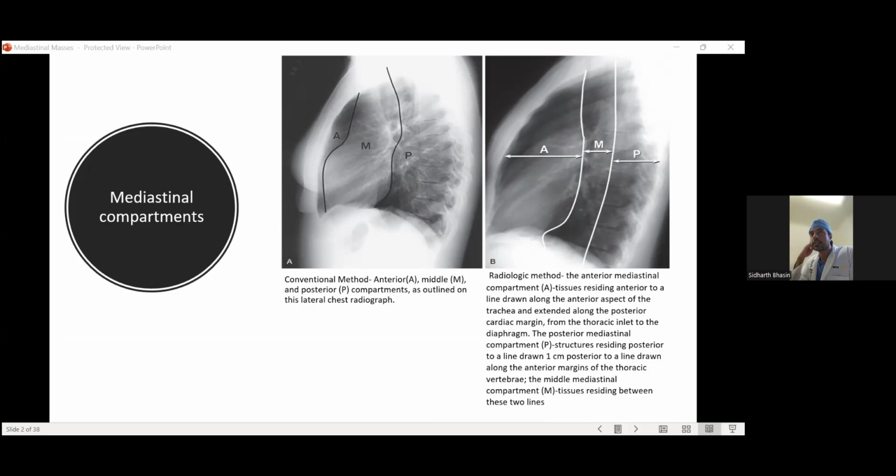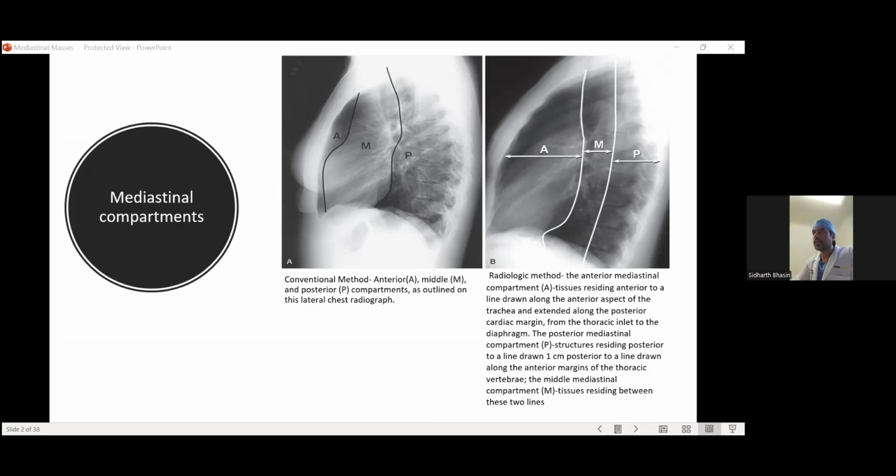Everything in the middle is the middle compartment. Most of our diseases which are classified as anterior, middle, and posterior are based on the conventional method. Sometimes the radiological method is important in terms of intervention, but most of the time we go with the conventional method.